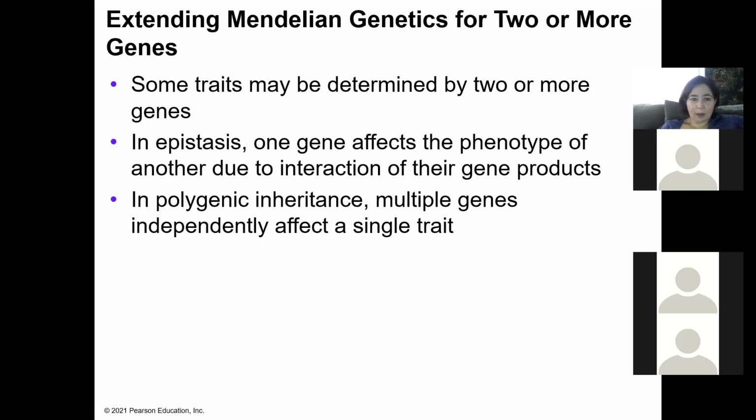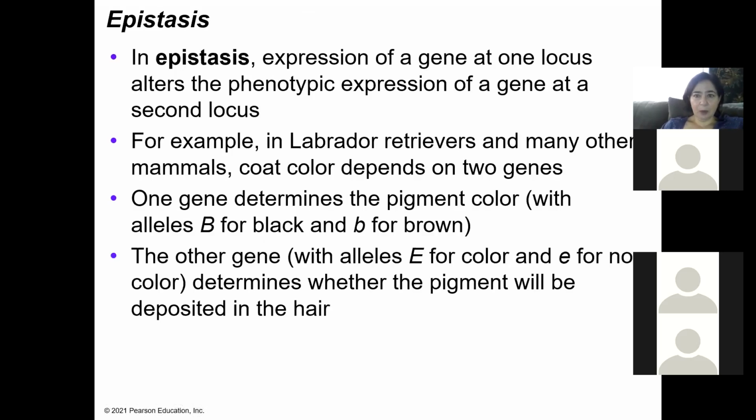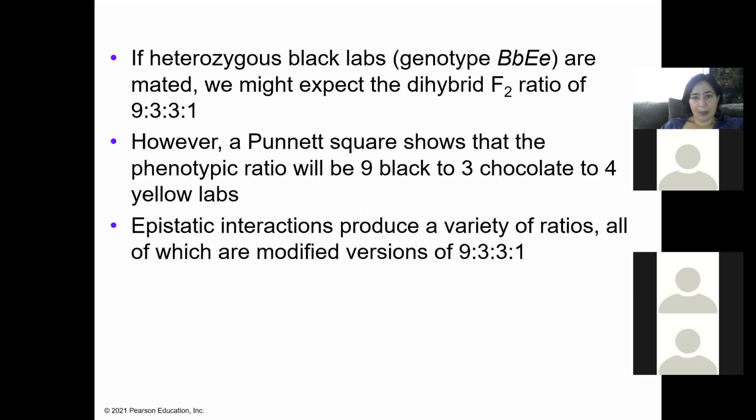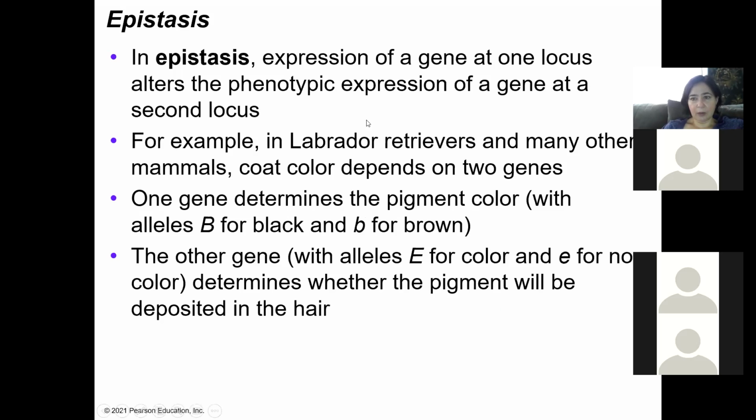And there's a very interesting condition called epistasis. What is epistasis? You have two different genes, but one gene affects the expression of another one. Here's an example of Labrador fur.